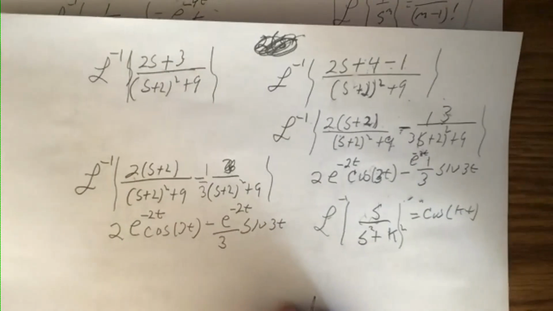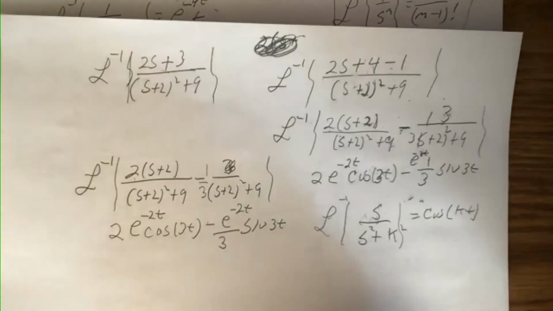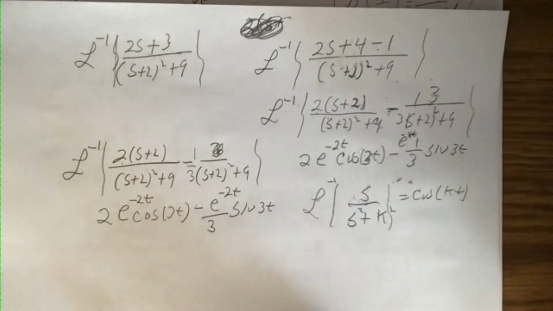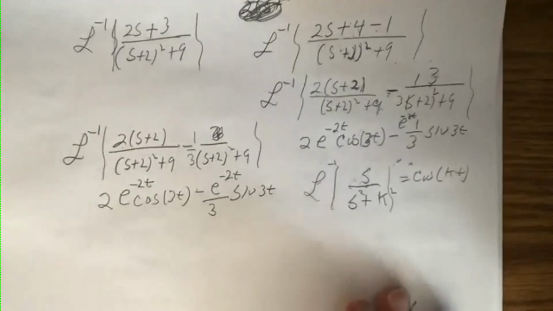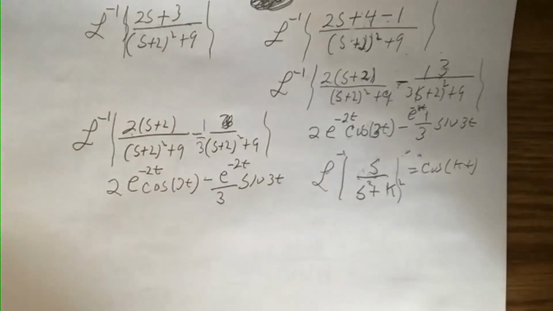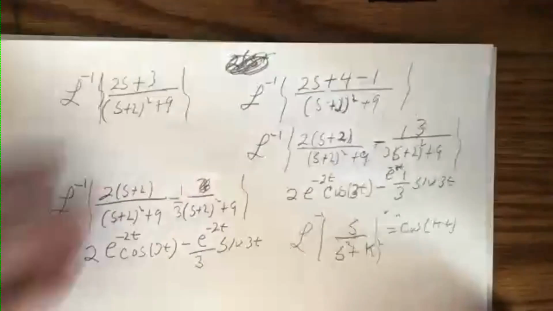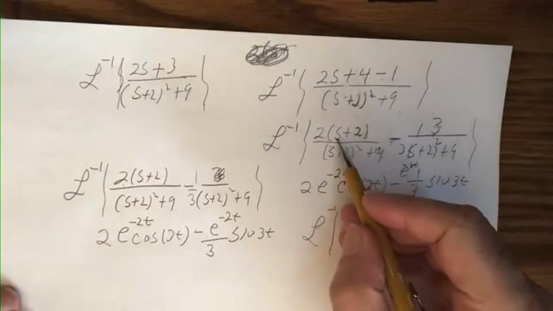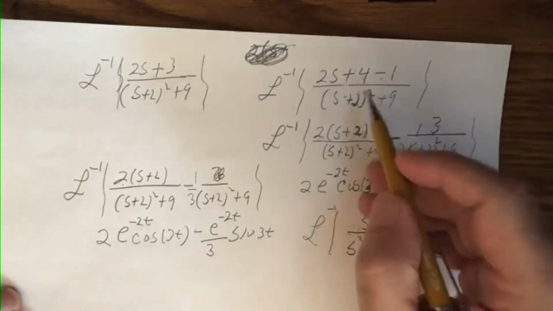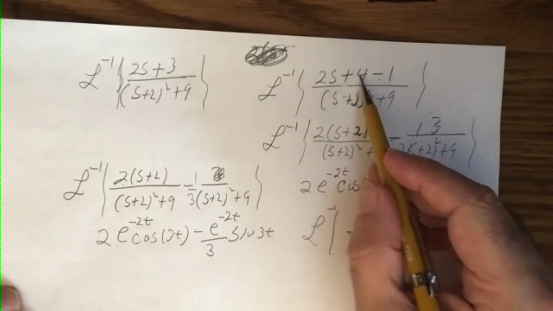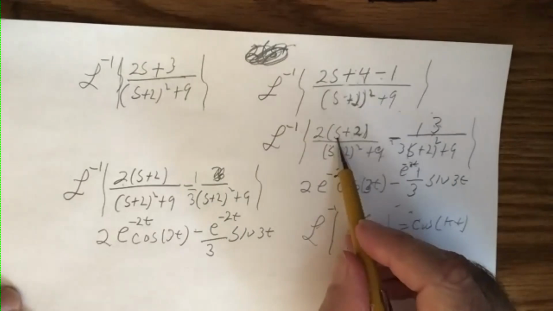I was looking at my notes, and my notes got the right answer, but it doesn't look like it's right in the middle. Okay, someone had a question? Can you please explain why you added 1 then subtracted 1? Yeah, the reason why I added 1 and subtracted 1 is that I want to get an s plus 2 here. So if I add 1 and subtract 1, I'm going to get this s plus 2.